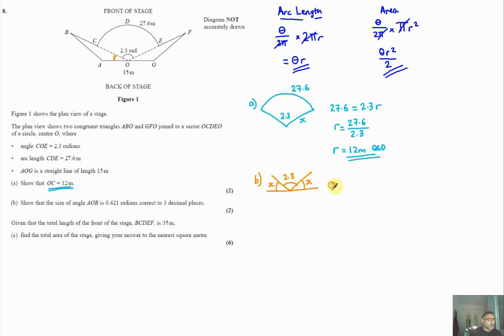Therefore, 2x plus 2.3 equals pi. So 2x will be pi minus 2.3, and x will be pi minus 2.3 divided by 2, which, if you work that out, you'll get 0.421 radians. And again, QED, to show that which was to be proved.